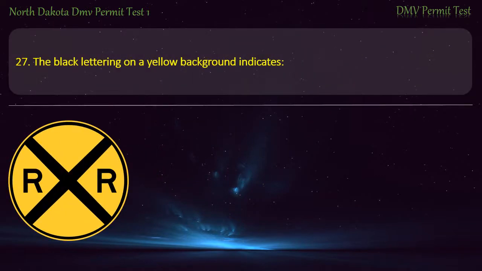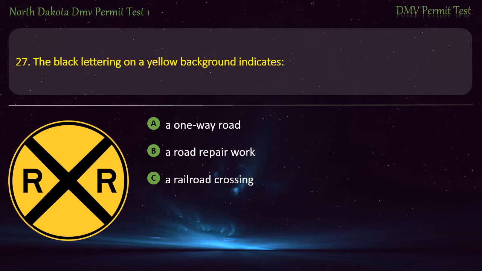Question 27. The black lettering on a yellow background indicates a one-way road. A road repair work. A railroad crossing. A roundabout. Answer. A railroad crossing.